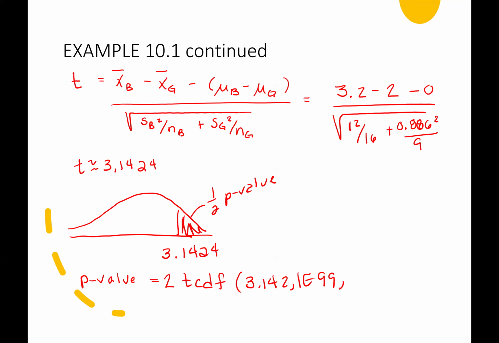Oh dang, I need the degrees of freedom. So guess what? I get to pull out the other ugly calculation, which is the calculation for the degrees of freedom.